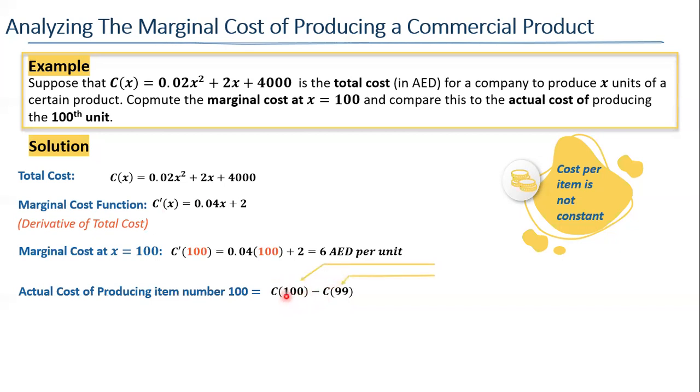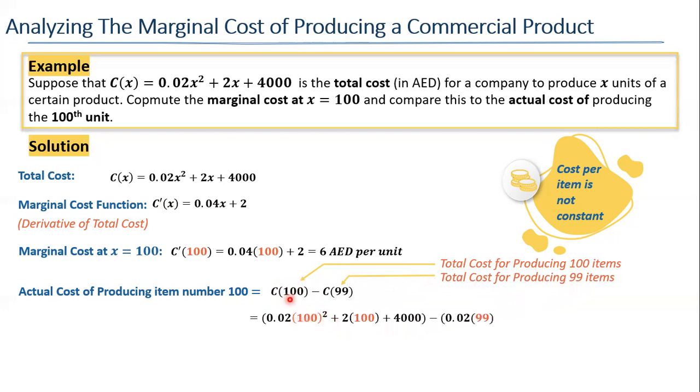C of 100 is the total cost of producing 100 items. C of 99 is the cost of producing 99 items. We'll substitute two times: first substitute in the total cost x by 100, minus substitute in the total cost x by 99.